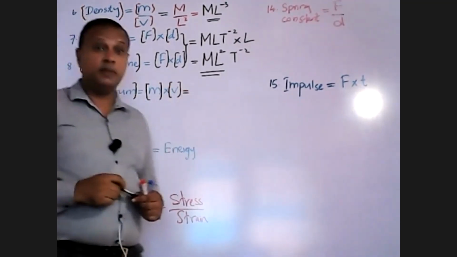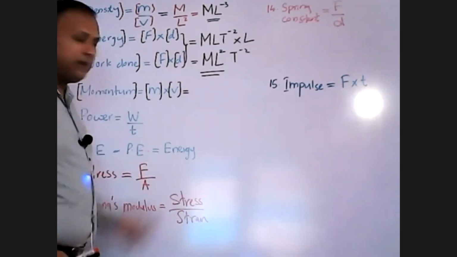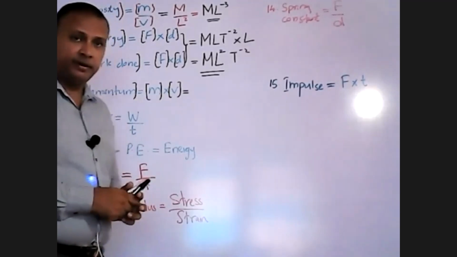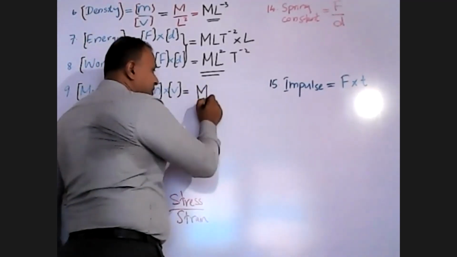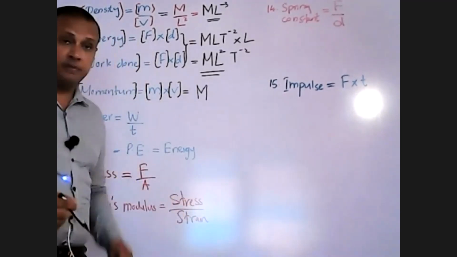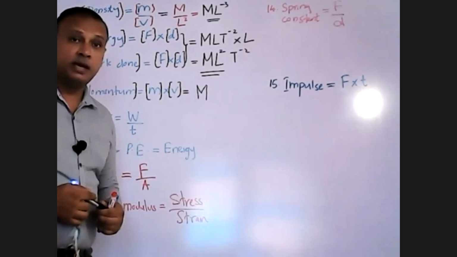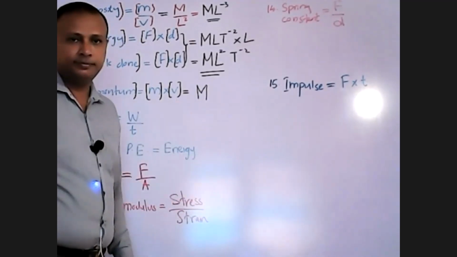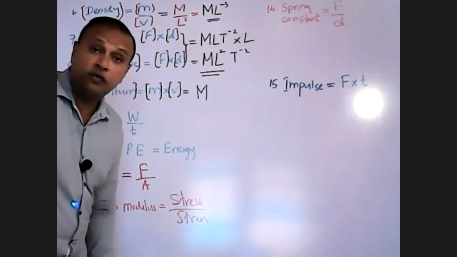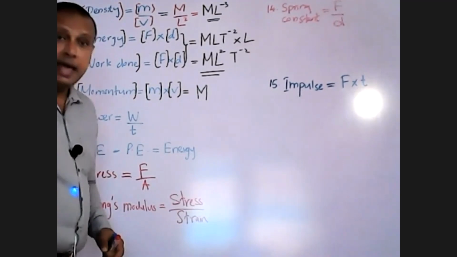The dimension of mass is M, and we have determined the dimension of V. What is the dimension of velocity?